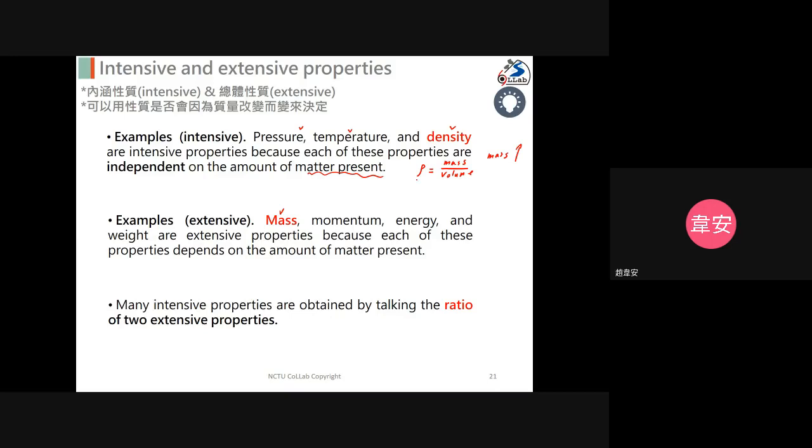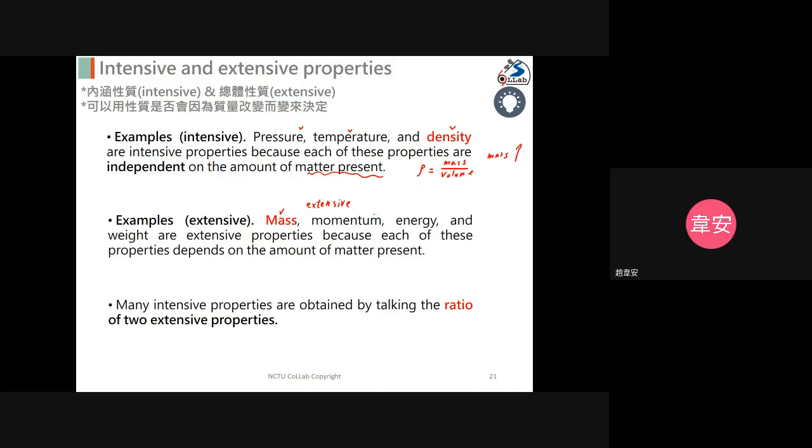So we call the density intensive, because it is independent of the mass. Even though the mass changed, the density didn't change. But the mass is an extensive property because the mass will change with the mass.